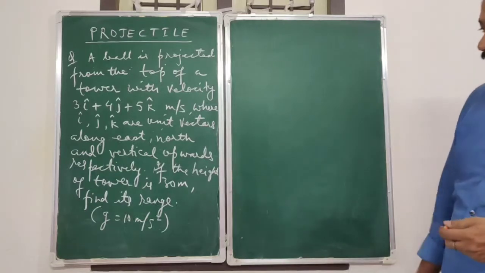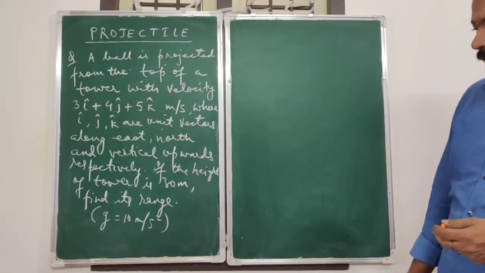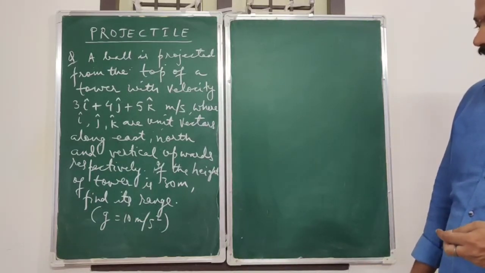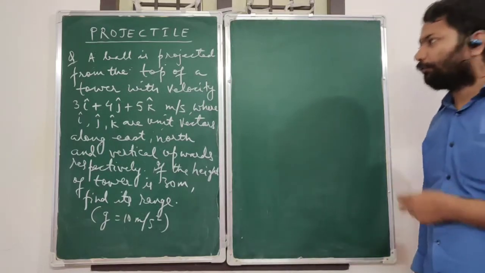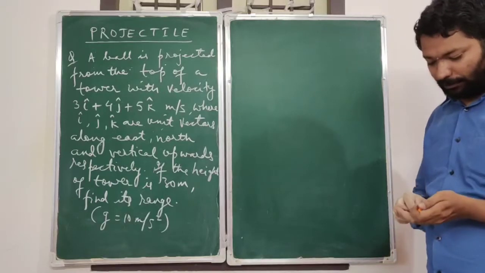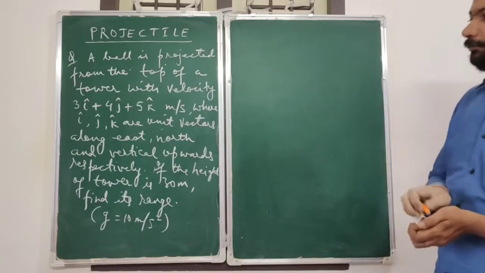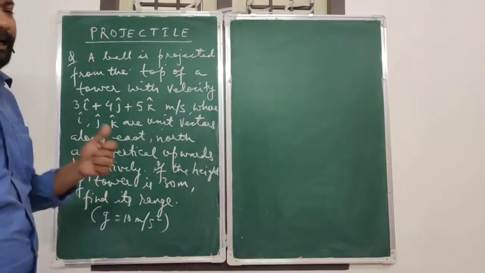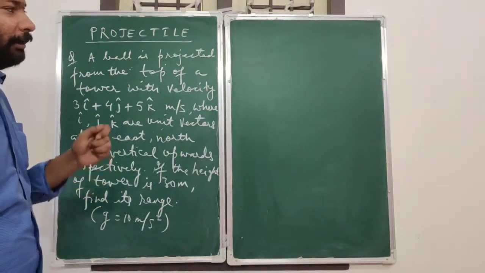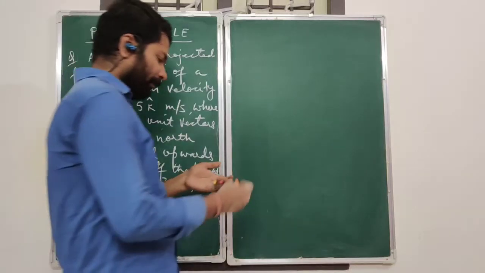If the height of the tower is 30 meter, find its range. Take g as 10 meter per second square. How to solve this question? In order to solve this question, we first have to convert it into a diagram so that we are able to understand what is actually happening. So let us do that.